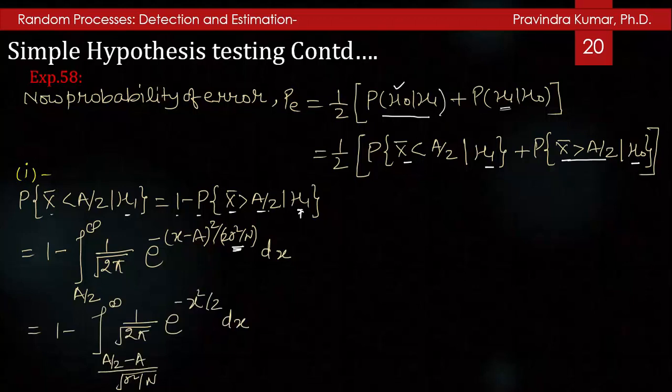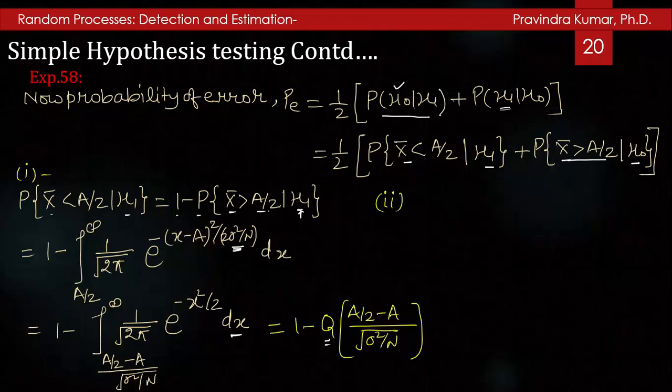So from here you have 1 minus the integral from (A by 2 minus A) upon under root sigma square by n to infinity of 1 by under root 2 pi, e to the power minus x square by 2, dx. From the definition of the cumulative distribution function, it will be 1 minus Q of (A by 2 minus A) upon under root sigma square by n. So it is in the form of the Q function.